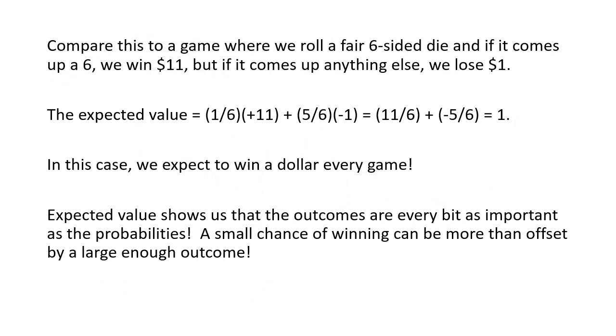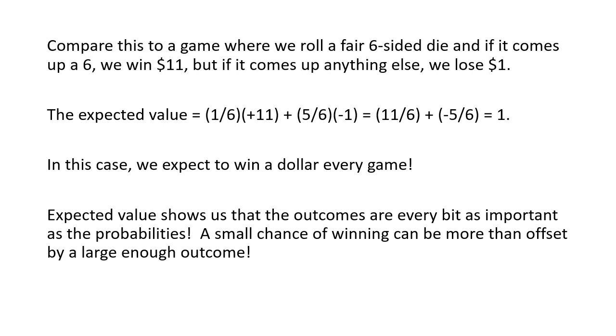The second game here, we're rolling a fair six-sided die, and if it comes up a six, we win $11. And if it comes up anything else, we lose $1. Now, this is sort of the opposite of the first game because we only have a 1 in 6 chance of winning. It seems really unlikely that we're going to win. So again, a student might think that this is not a fair game because you don't have a very good chance of winning.